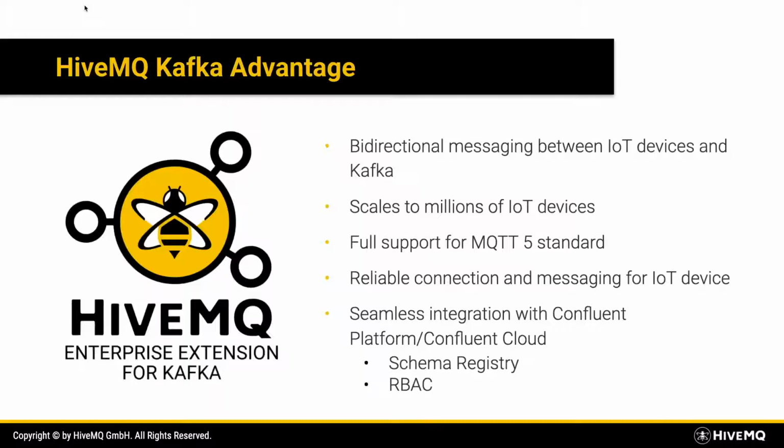We support the entire MQTT 5 feature set, including all optional features. For those here a little bit more familiar with MQTT 5, very importantly, this also supports the user properties feature, which is a header feature that MQTT 5 brings, which integrates well, of course, with Kafka headers as well.